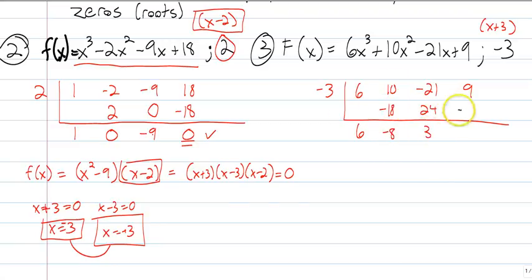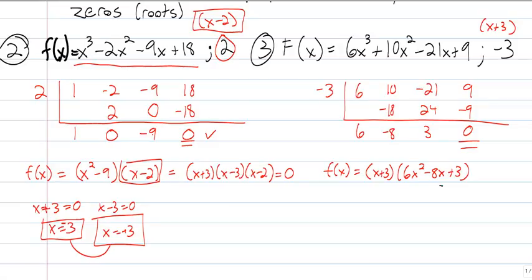Positive 3. Negative 9, which gives us our 0. Okay? So, this would be the function in factored form. We have our x plus 3 we just divided out. And we're left with 6x squared minus 8x plus 3. Well, you can't factor that nicely. In fact, that will be imaginary.